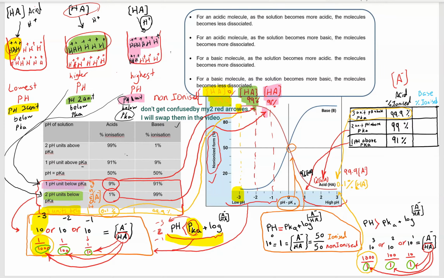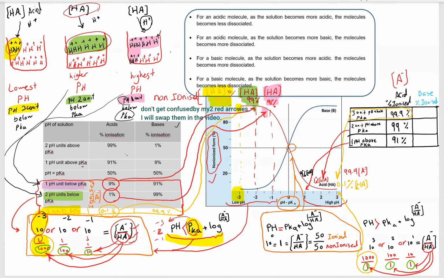And what's the meaning of -3? It means that the ratio of the ionization to non-ionization is 1 to 1000. So that's why we have 10 to the power of -3.